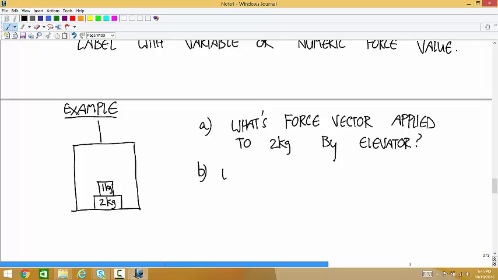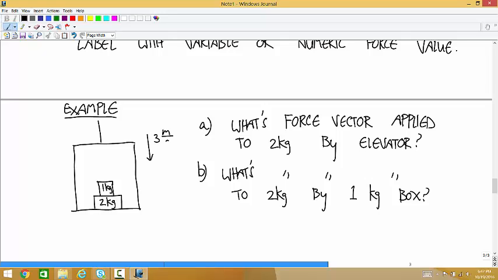And second, what's the force vector applied to the 2 kilogram box by the 1 kilogram box? And let's say the elevator is accelerating downwards at 3 meters per second squared.